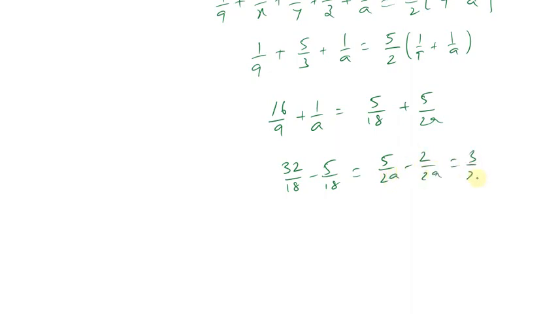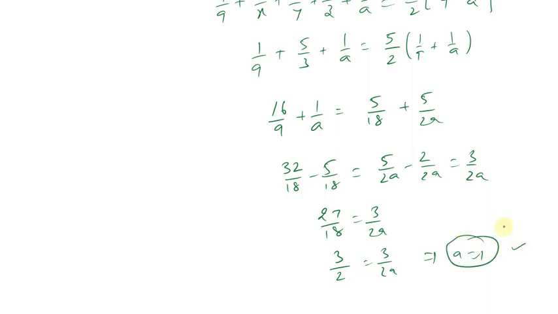So you are getting 3 by 2a, and this is 27 by 18 is equal to 3 by 2a. I think you are getting a is equal to 1 only. So a is equal to 1 is the final answer. It is satisfying both the conditions. A is equal to 1 is the only value which is satisfying both the conditions.